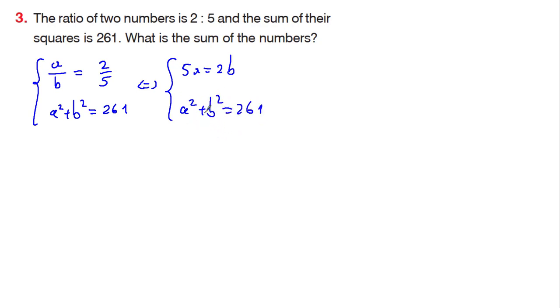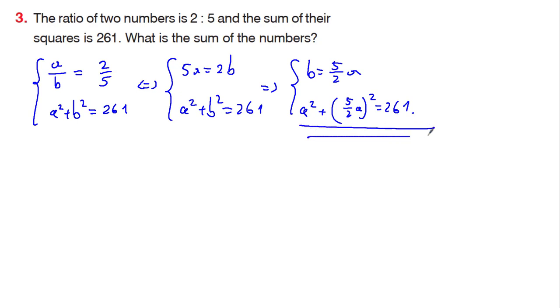Now if you try solving this one, this is not a linear equation, but we can substitute here. Let's say b is 5 over 2 a, and now I get a squared plus, instead of b squared, I'm putting 5 over 2 a, all squared. This is 261. Well, this is an equation. It's not a linear one, but it's an equation. So let's see, what can we do.